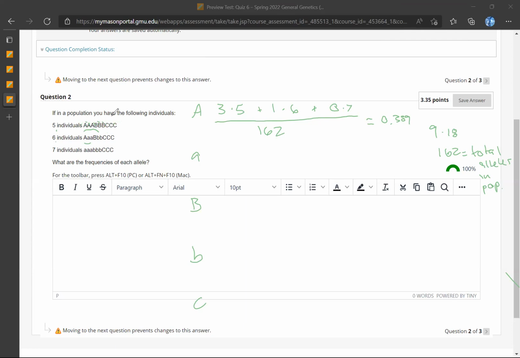Okay. Let's back it up. So not 162, not 9 times 18, but instead, this is not tetraploid. Let's revisit this because this is very important. We don't want to get lost.